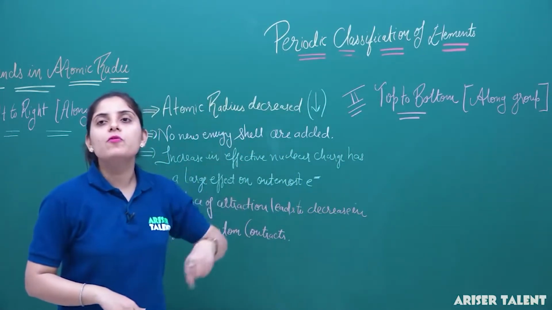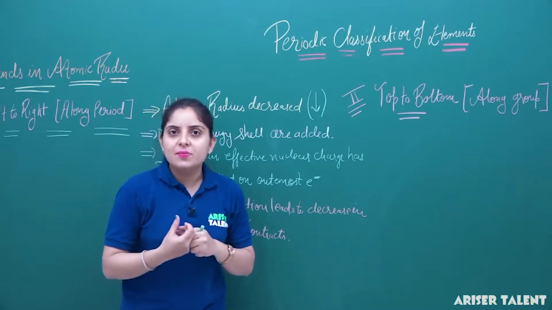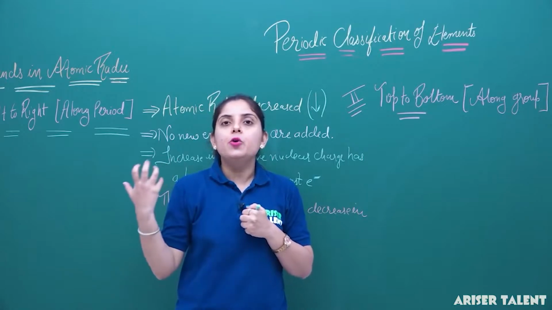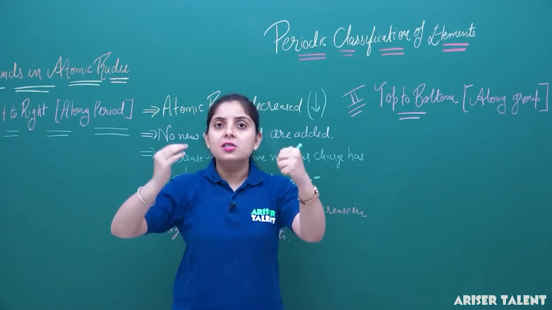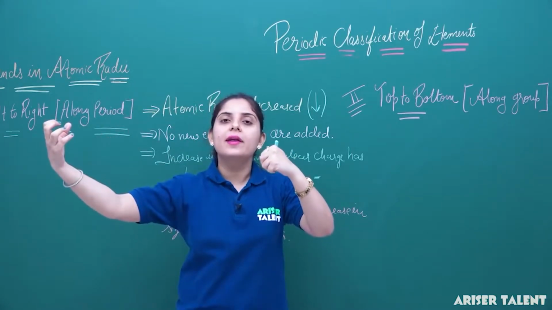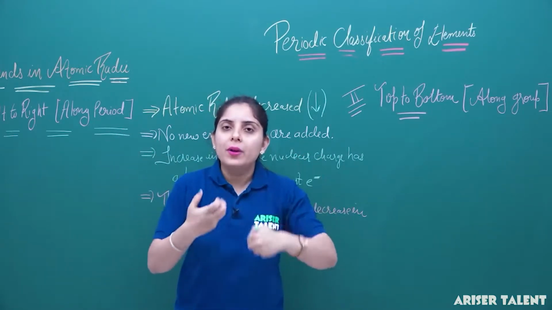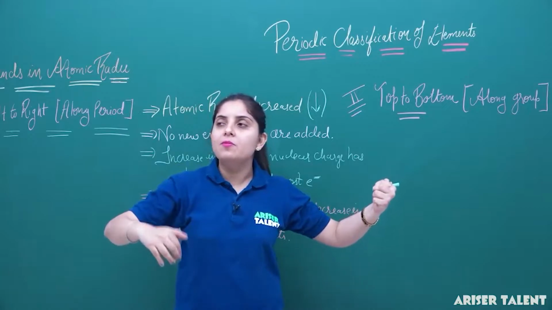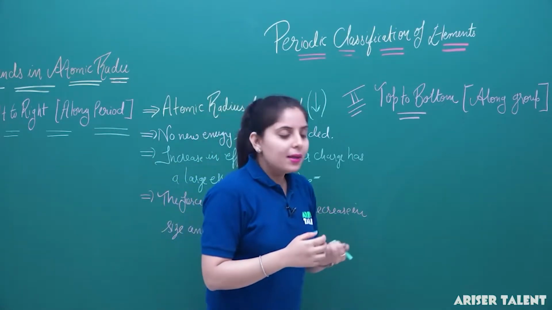As we are moving from top to bottom in the periodic table, new energy shells are added. So if new energy shells are added, the nucleus has less effect on the outermost electron because it is far from the nucleus. Now what will happen if the nucleus loses its hold on the outermost electron? The size of the atom will automatically increase. It means going from top to bottom, the atomic radii is going to increase.